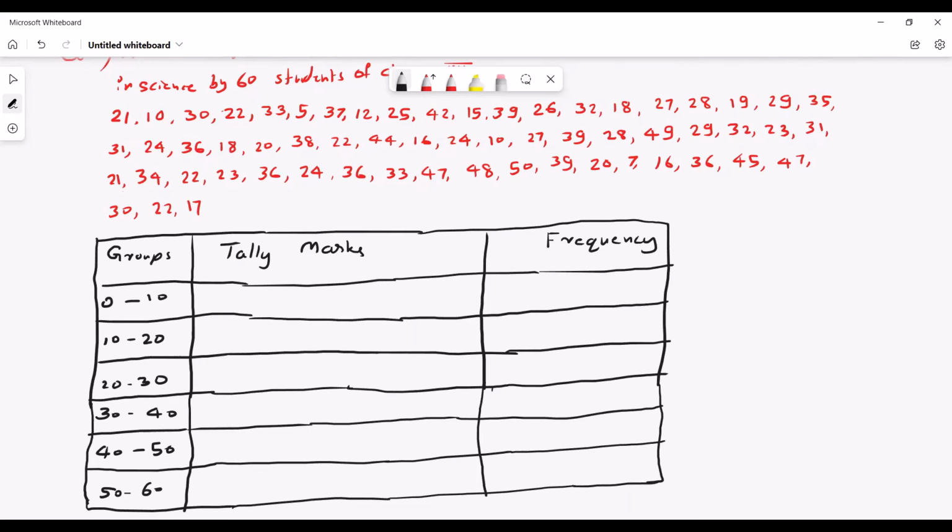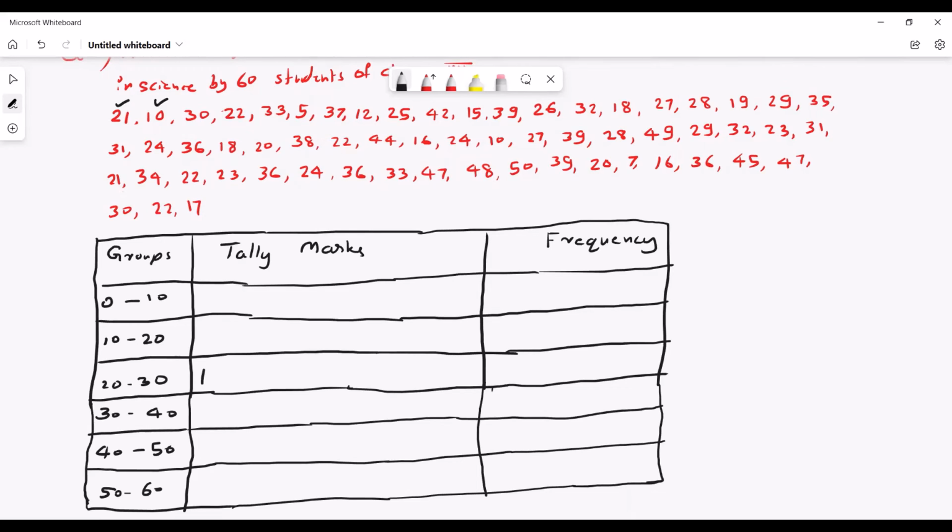So everywhere there is a gap of 10. Instead of counting how many are coming in each group, it is better to see the first mark itself. The first mark is 21. I have put a tick mark there so that I can understand that the mark of 21 I have already taken. Then 21 is coming in between 20 and 30. So here I am marking the tally marks.